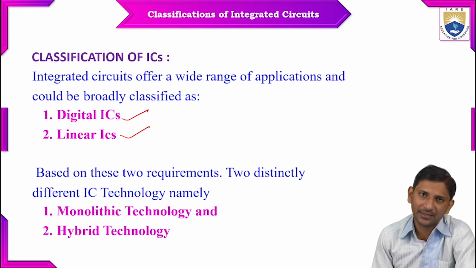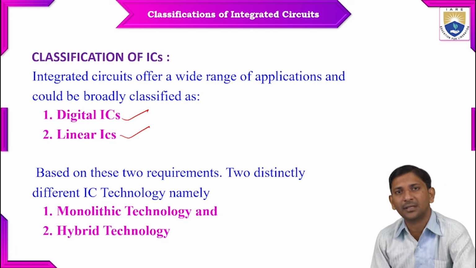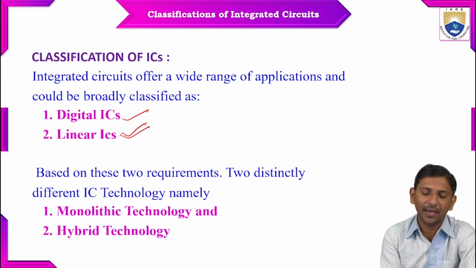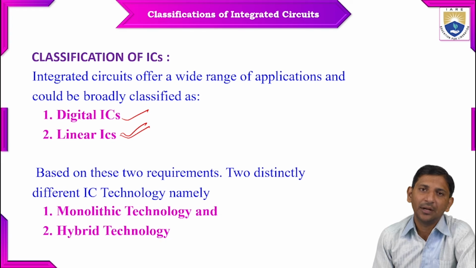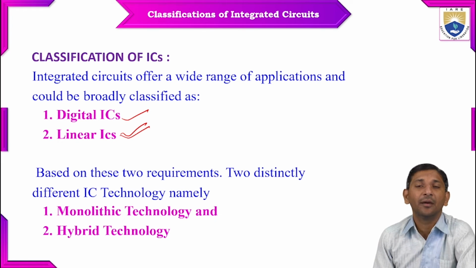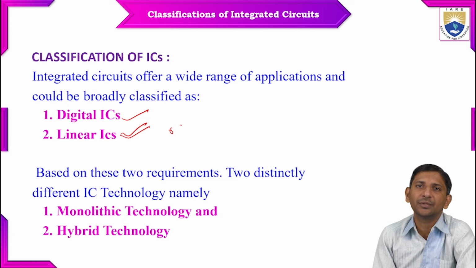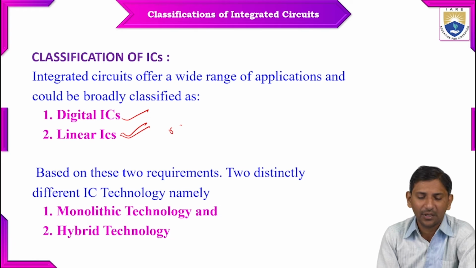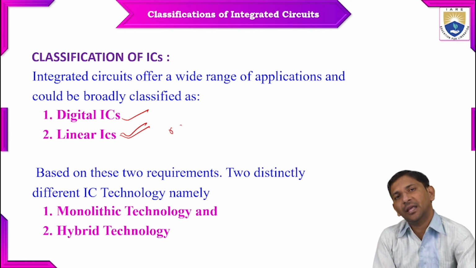For example, systems, laptops, desktops, mobiles, everything consists of digital ICs in the processor, etc. And linear ICs are applicable in the communication sector, with modulation, demodulation, transmitting, receiving, especially for oscillation, as an oscillator, or for amplification and modulation. We use these linear ICs depending on the required applications in different environments.